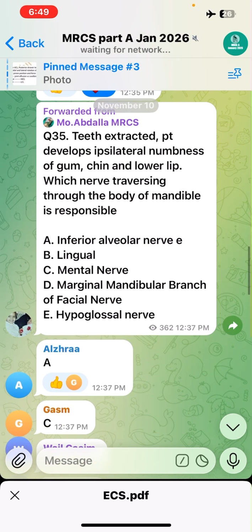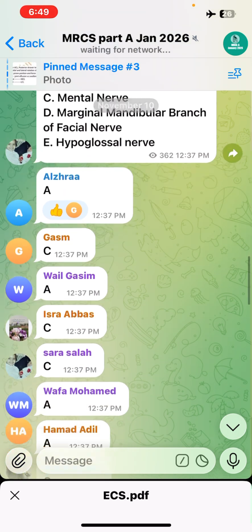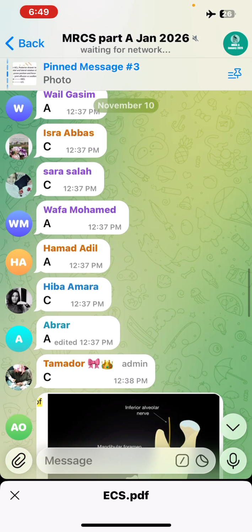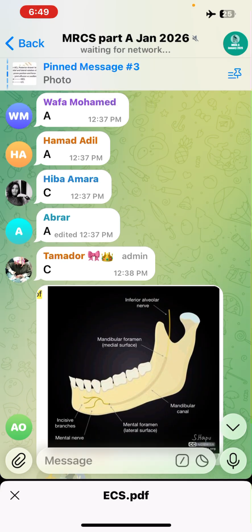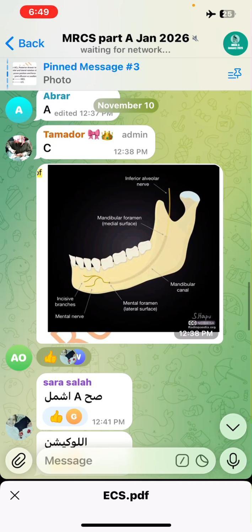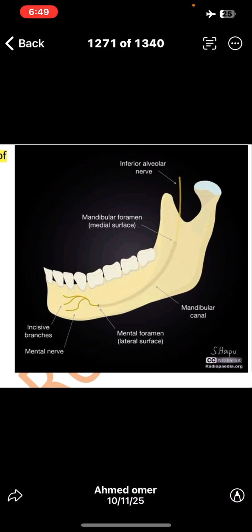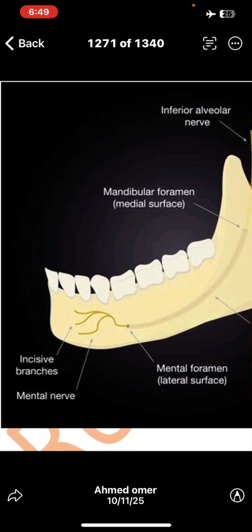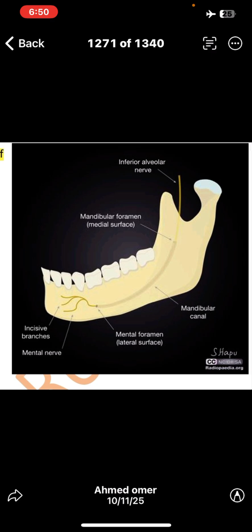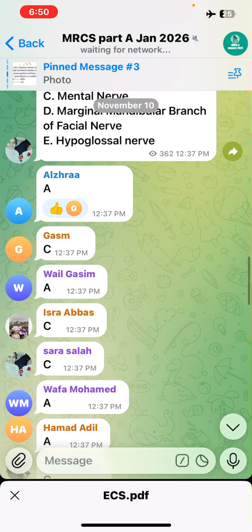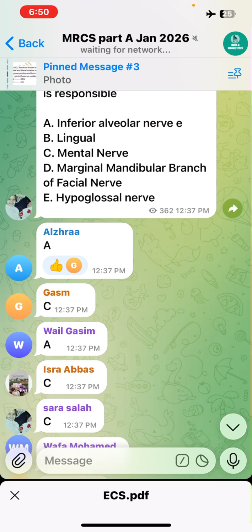Is it mental or marginal mandibular? A is inferior alveolar and C is mental. Now there are two important nerves. The inferior alveolar goes inside the mandibular foramen, comes out of the mental foramen, and then forms the mental nerve. So the answer is C, mental.